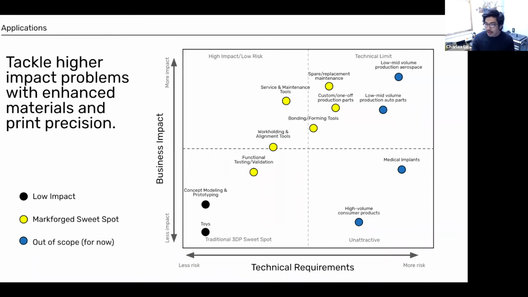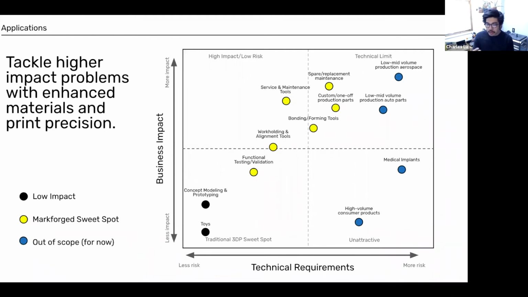And when we start moving up the technical requirements list, what's required is that we actually get stiffer materials, stronger materials. And so then we're moving into functional testing, validation, work holding and alignment tools, bending and forming tools, a lot of service tools. If you have a replacement tool in the field, maybe some part that came from a vendor that no longer exists, a lot of those can be done.